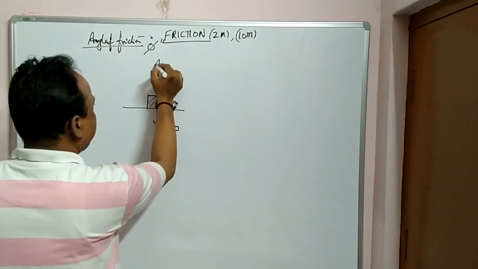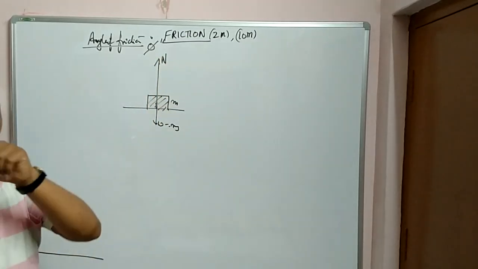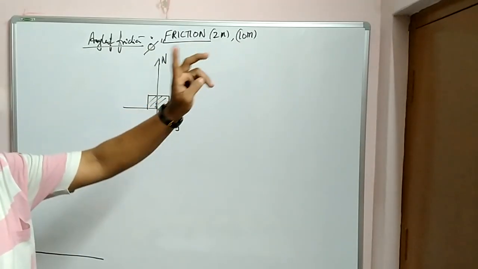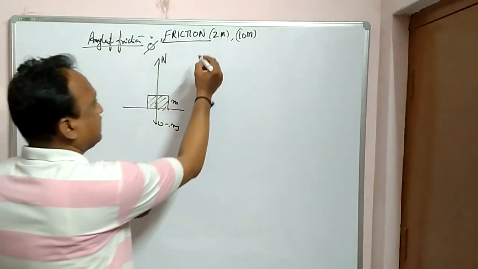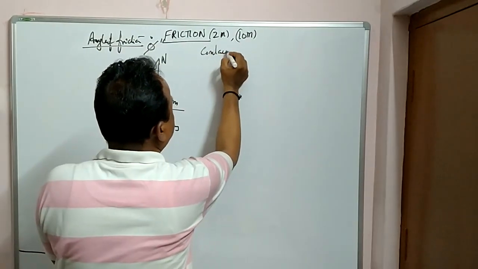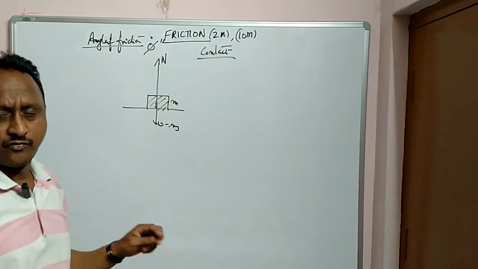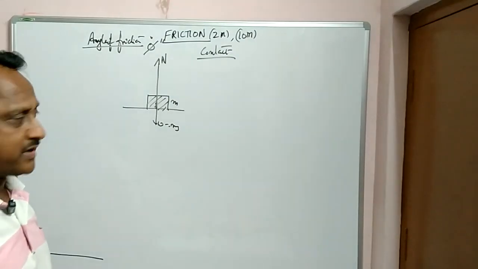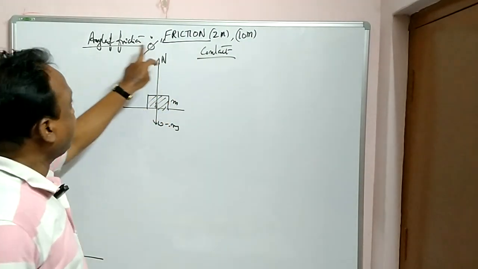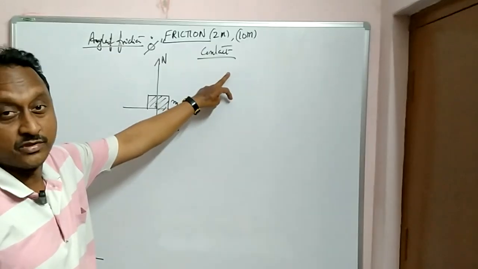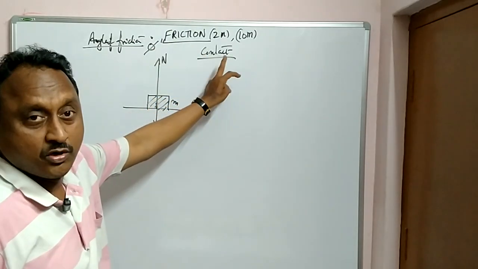Let this be the normal force acting upward. Please make a note, frictional force is also called contact force. Apart from the normal force, we have heard earlier about contact forces. Frictional force is also called a contact force.